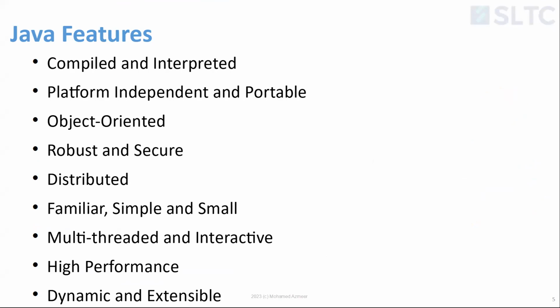So if you look at, let's say Python, Python is always interpreted. If you take C++, it is always compiled. But Java uses both compiled and interpreted. Because of that, it becomes platform independent and portable. What do you mean by platform independent?